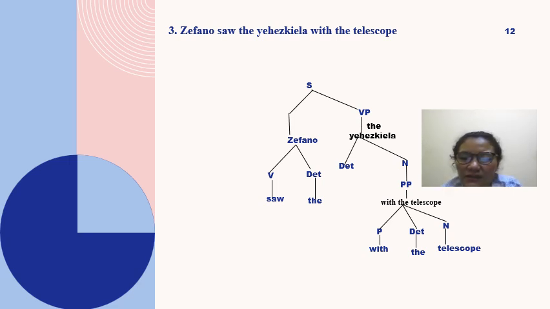Okay, we divide again into the prepositional phrase. The prepositional phrase is with the telescope. The preposition is with, the determiner is the, and the noun is telescope.